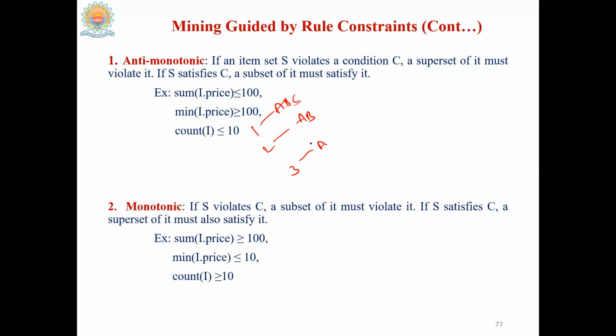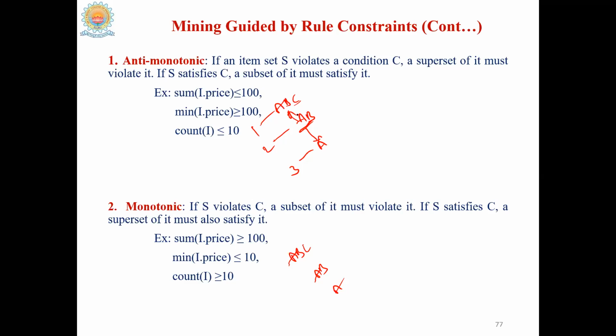Similarly, here also for AB, this is the subset, and this is the superset. Obviously, it can be clearly observed.